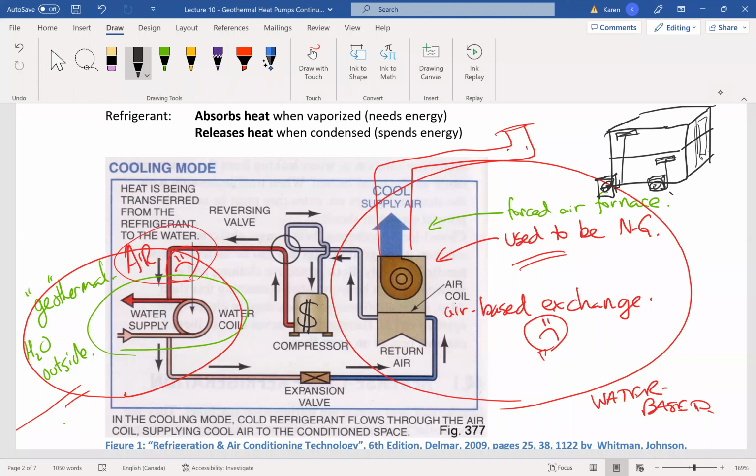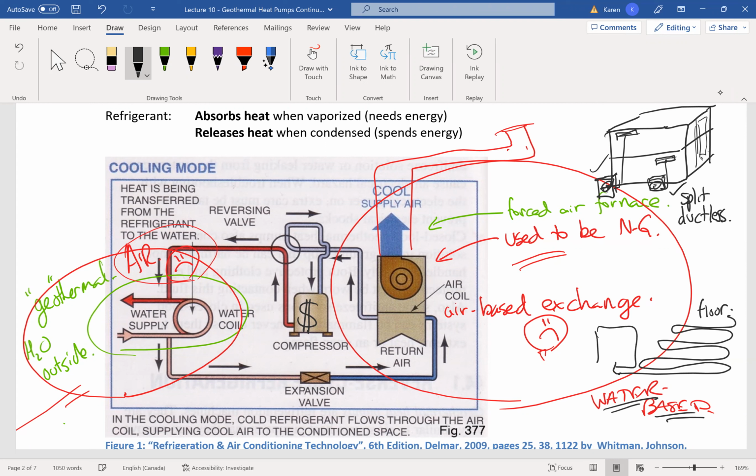So you're going to supplement with this split ductless. These are called split ductless. As opposed to in new construction, if you could make this water-based, then this could be a radiant hot water floor. And this could be doing its heat exchange inside a boiler, a water exchange inside a boiler.